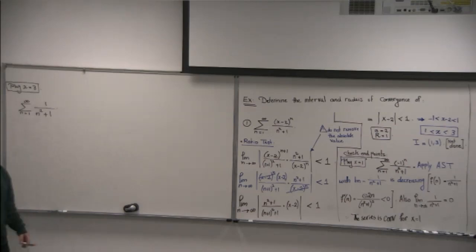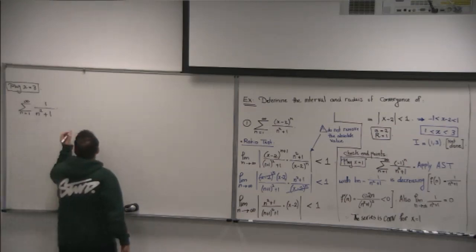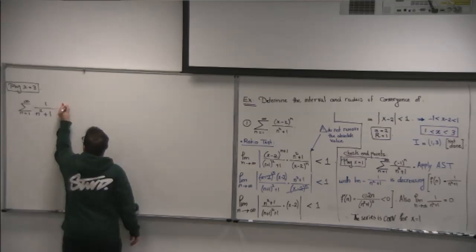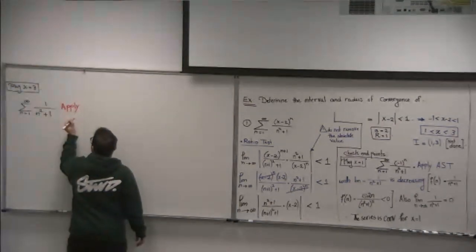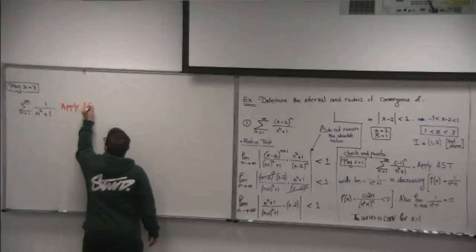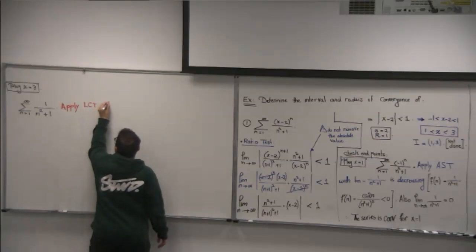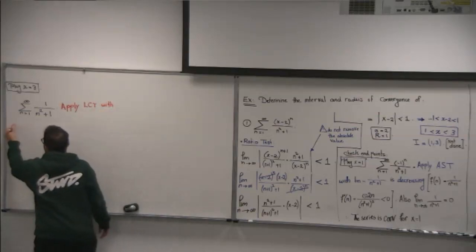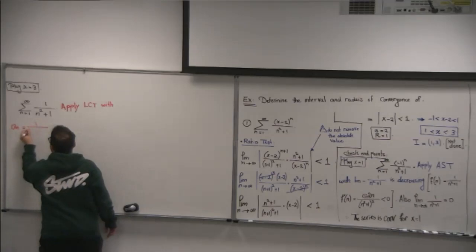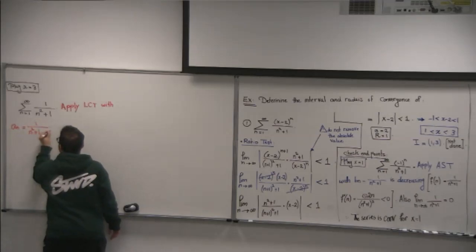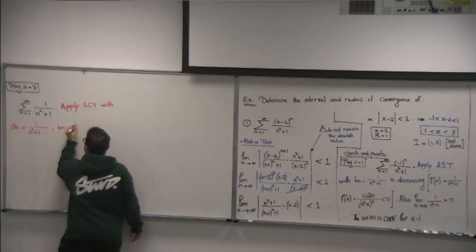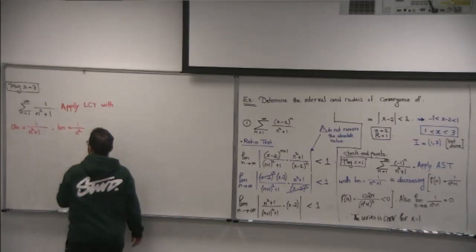Okay. So we apply what? Which test should I use? We can use LCT. Apply LCT with an equal 1 over n squared plus 1, and bn is the approximation, which is 1 over n squared.